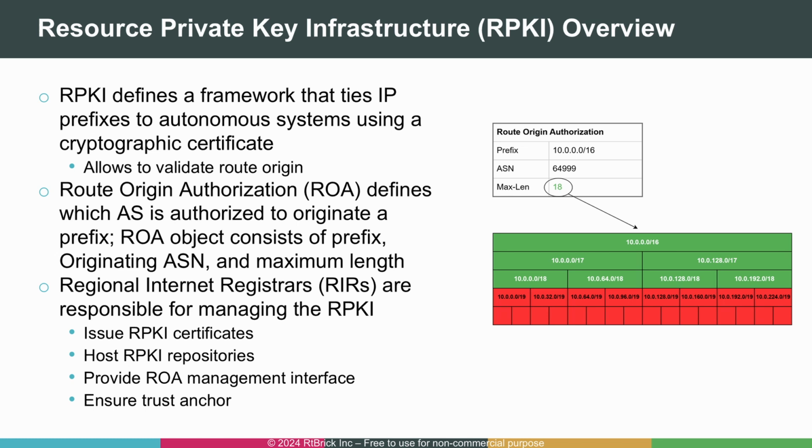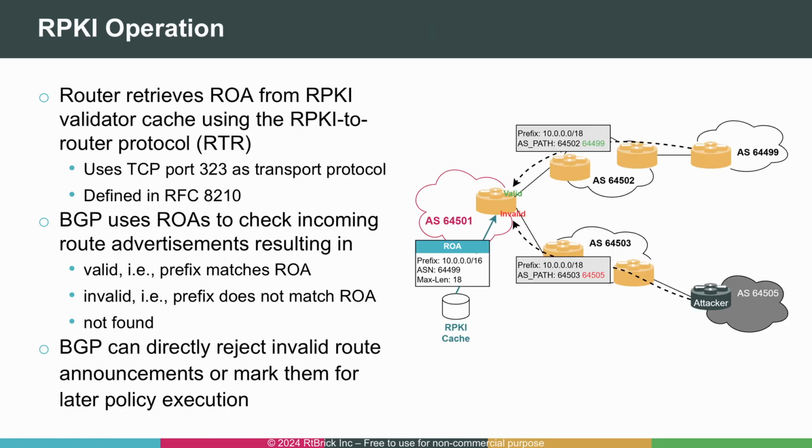While RPKI improves origin validation, it does not secure the entire BGP path, only the originating autonomous system. RPKI is effective only when widely adopted and networks publish their ROAs. In practice, here's how RPKI works. Network operators run an RPKI validator that downloads ROAs and certificates from regional Internet registries' repositories and builds a local, validated ROA database.